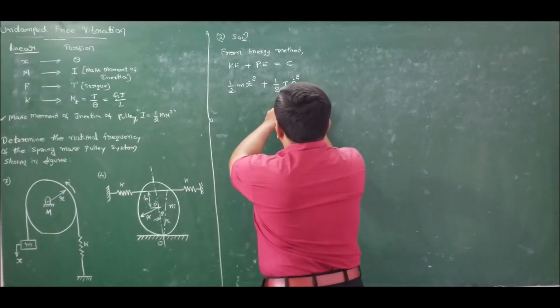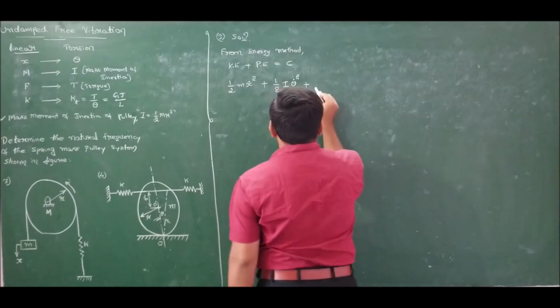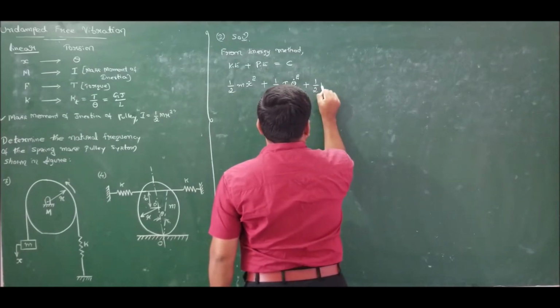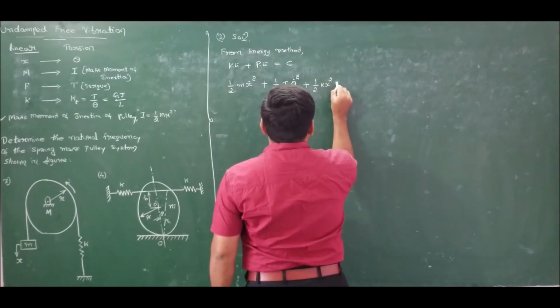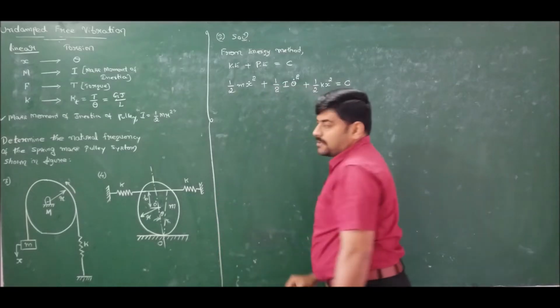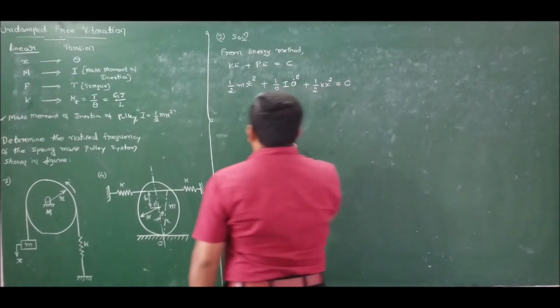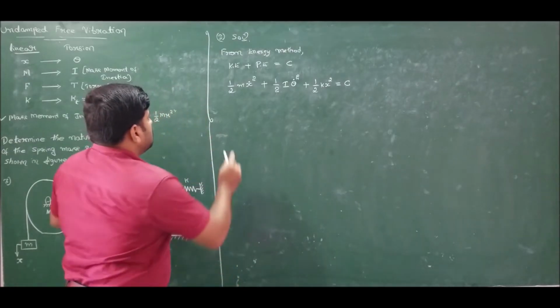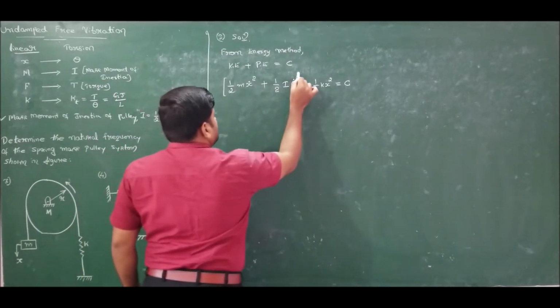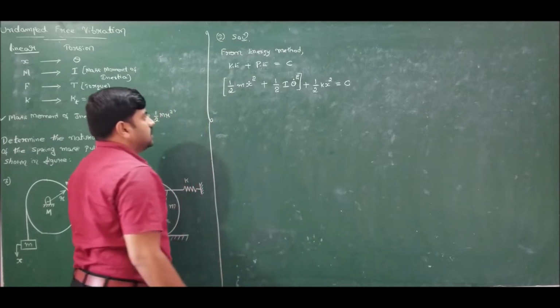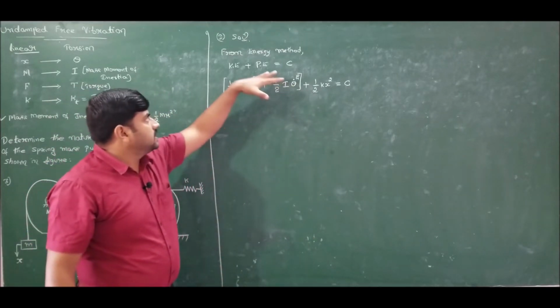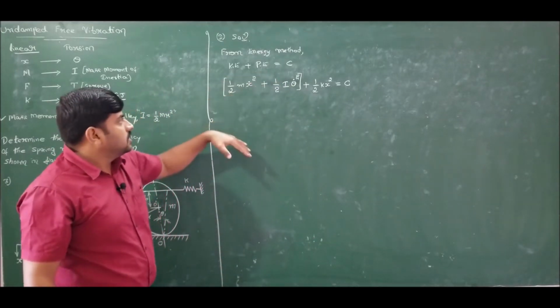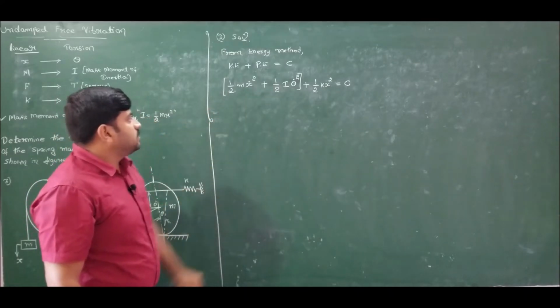Plus the potential energy of the spring is already known to us, it is half kx square, this is constant. Now this is for the small mass and this is for the pulley. So this will give us the total kinetic energy of the given sketch, and the spring will provide us the potential energy of the system. Now substitute for the mass moment of inertia.